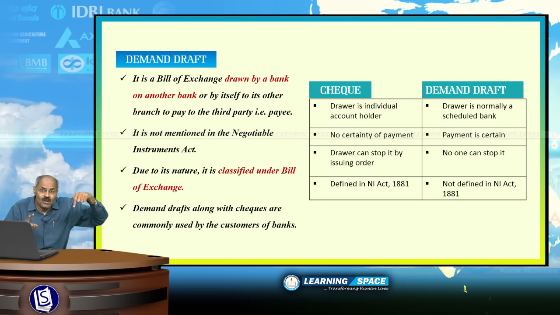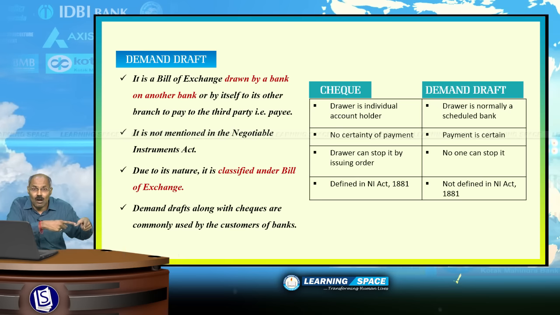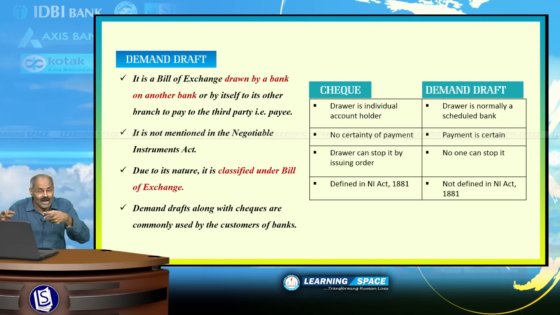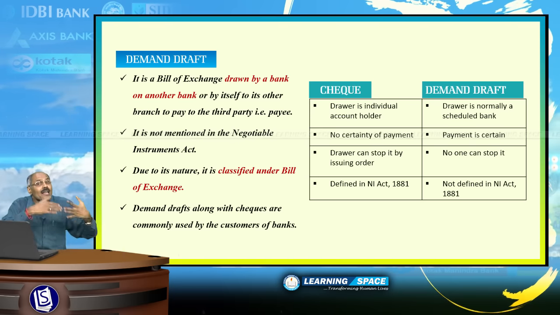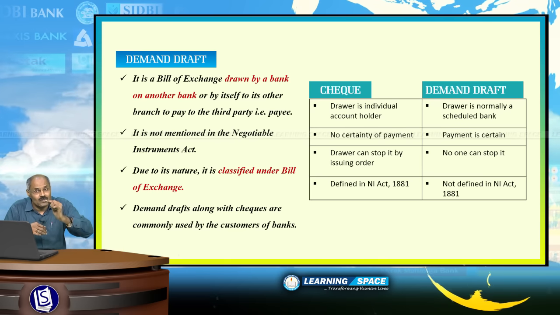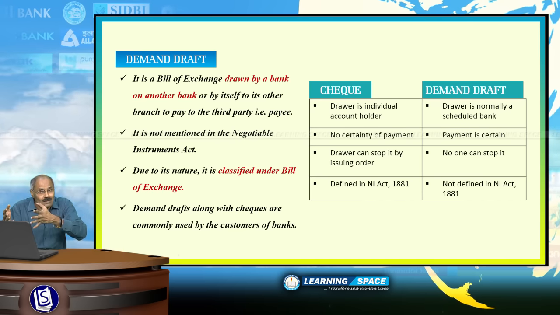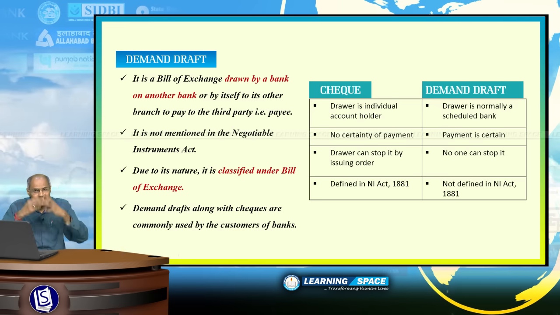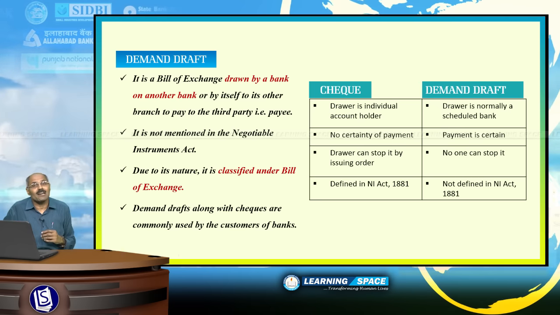After receiving a check, payment can be stopped, but with a demand draft, no one can stop the payment. And the last one is that under the Negotiable Instrument Act, a check is mentioned, but a demand draft is not mentioned, right? So these are the differences between a check and a demand draft.